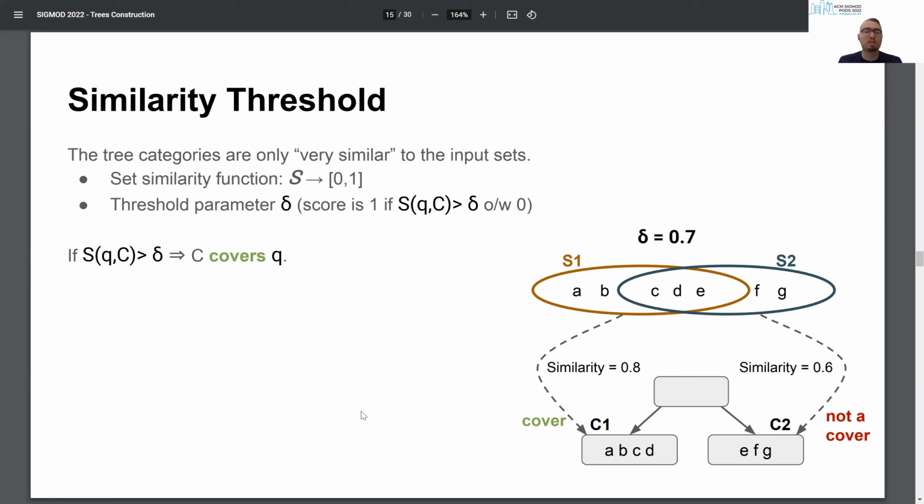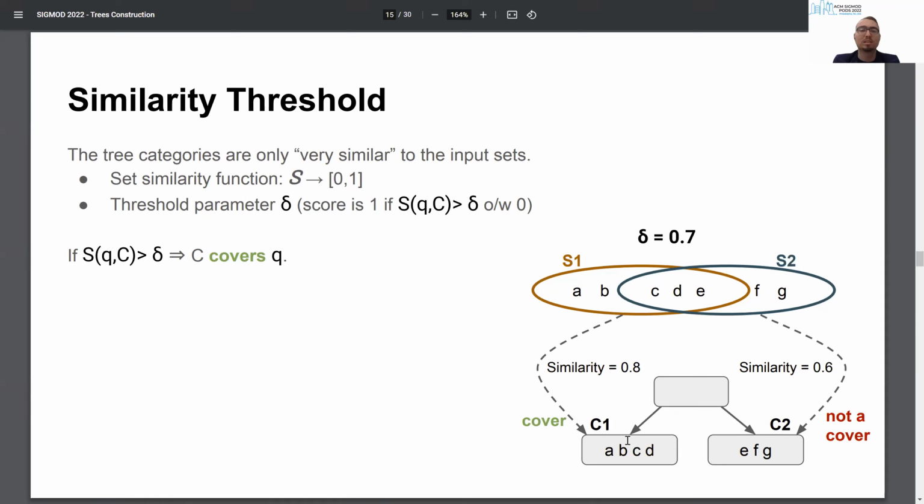So for example, if you're using Jaccard similarity and you have these two different sets, set 1 and set 2, of those elements, and you are building this tree, so you have category 1 and category 2. You can say that category 1 covers set number 1 because the similarity is 0.8. The set has 5 elements, but the category contains only 4, so 4 out of 5 is 0.8, which is good enough because our threshold is 0.7.